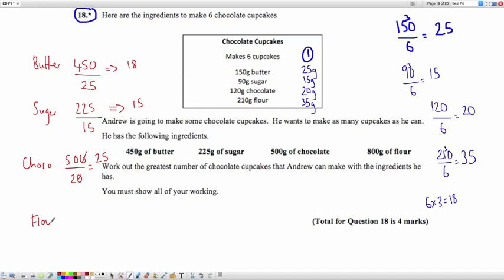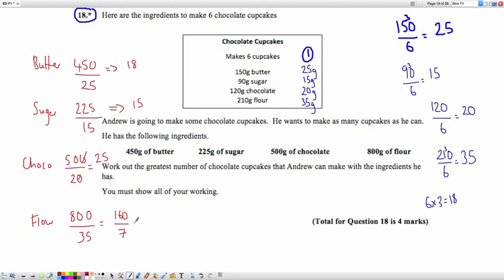Now we will look at flour. He has 800 grams and he needs 35 for each one. So we're looking here at 800 divided by 35. Now that's not going to work perfectly, so let's try and simplify. First, let's divide through by 5, which will give us 160 divided by 7.